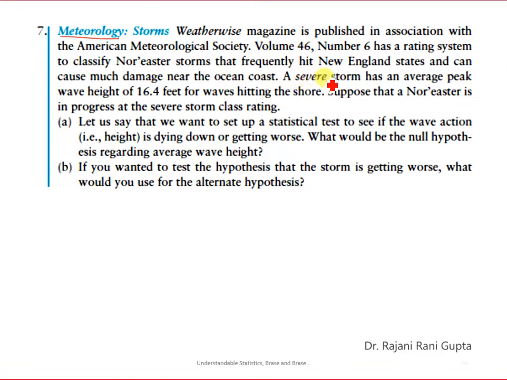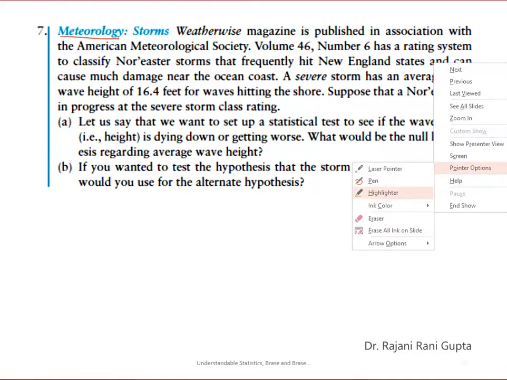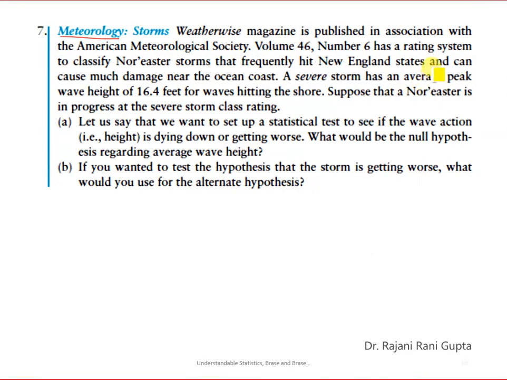A severe storm has an average peak wave height of 16.4 feet for waves hitting the shore. Okay, so we have this information. Suppose that a nor'easter is in progress at the severe storm class rating.